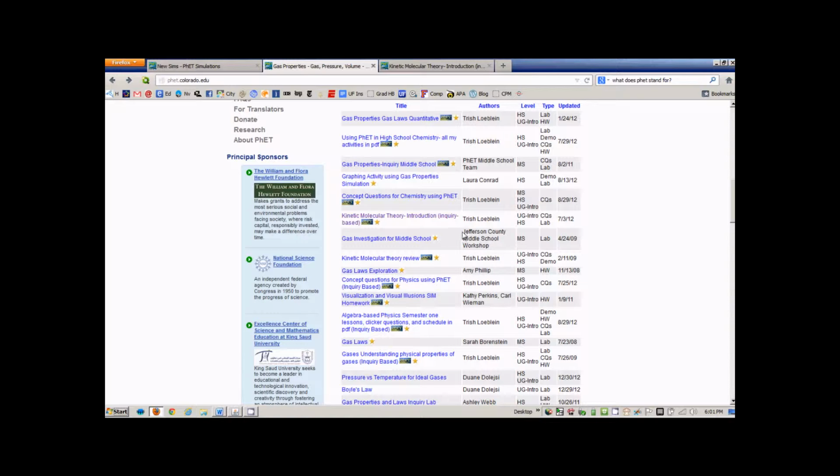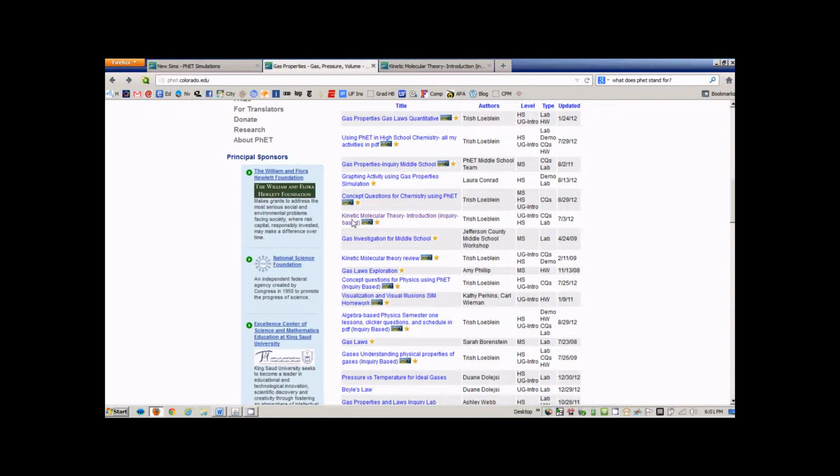For instance, here the Jefferson County Middle School Workshop created a resource, and this setup is a really great example of a knowledge community as well. All the simulations have this option where instructors and teachers can submit their lessons that they've created to share with the whole community.